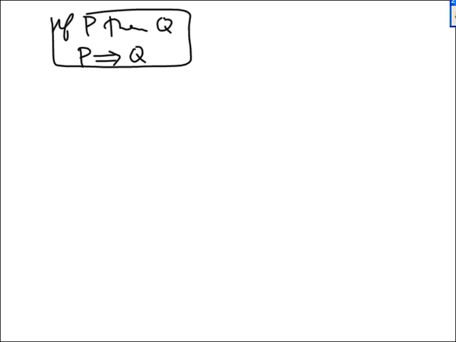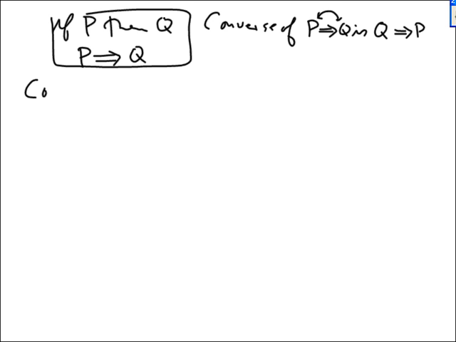Okay. So now, again, I want this in front of us. Let me put it here. The converse of P implies Q is Q implies P. Switch the two. Just switch them. Don't do anything more.